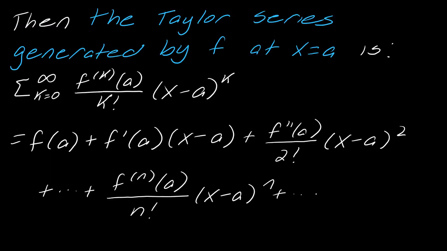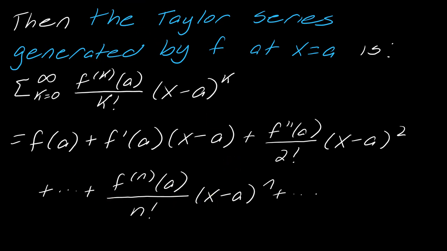Then the Taylor series generated by f at x equals a is given by this formula here: the sum from k equals 0 to infinity of the kth derivative of f at a over k factorial times x minus a to the k. And we can write it in its expanded form as we were just doing. So we have a summation notation way to write this, and then we have its expanded form.